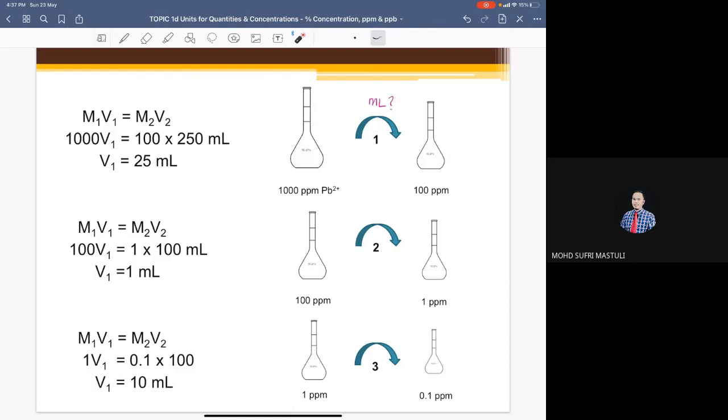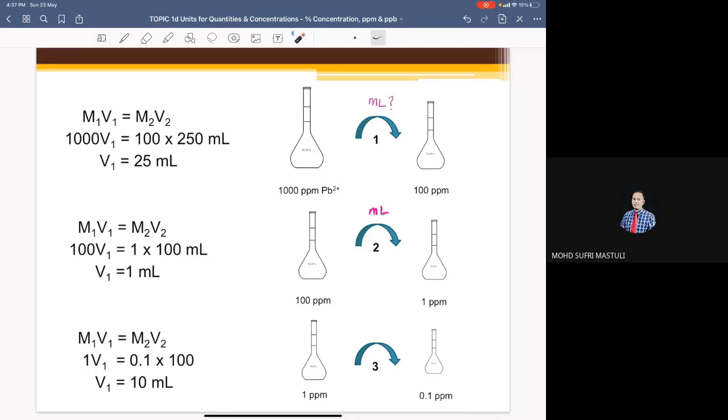So same goes for 100 ppm, which can be further diluted to 1 ppm. Using the same formula, we can know how much volume of 100 ppm is needed to prepare 100 ml of 1 ppm solution.